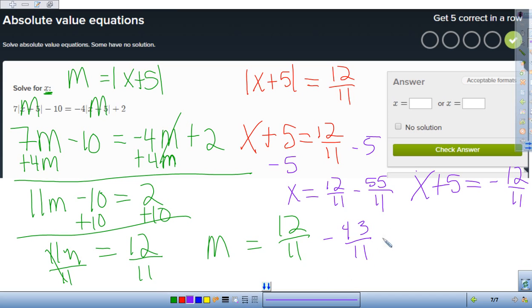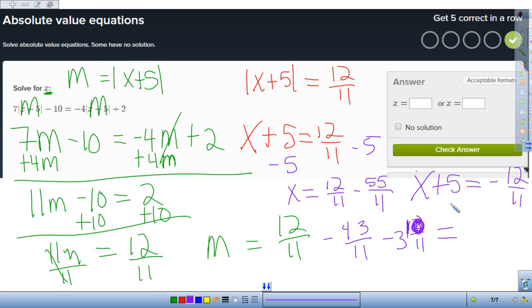Which is the same thing as saying negative 3 and 12 elevenths. That sound right? I don't know. That'd be 33. Oh, negative 3 and 10 elevenths, right? Because 3 times 11 is 33, and there'd be 10 more. That's 43. So negative 3 and 10 elevenths, okay? And don't be like me. Use your calculator. Just get a good answer here.